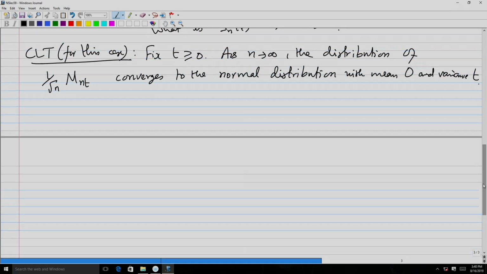Now, if we use this result, then we have the answer to our question, what happens to S_{n_t} as n tends to infinity.